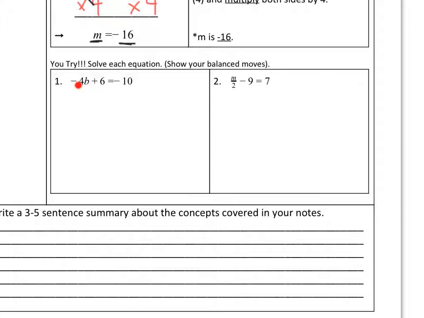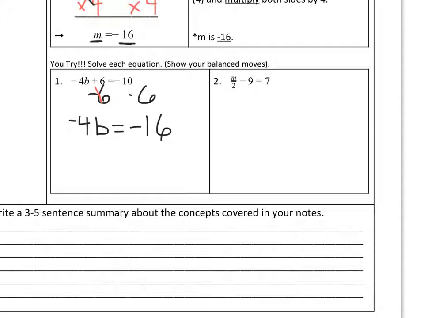Starting on number 1, negative 4b plus 6, we want to get rid of that plus 6 first. So we will minus 6 from both sides of the equation. Those 6's will cancel, leaving us with negative 4b equals negative 10 minus 6 is going to be negative 16. Now to get rid of this negative 4, to get the variable by itself, that's negative 4 times b.